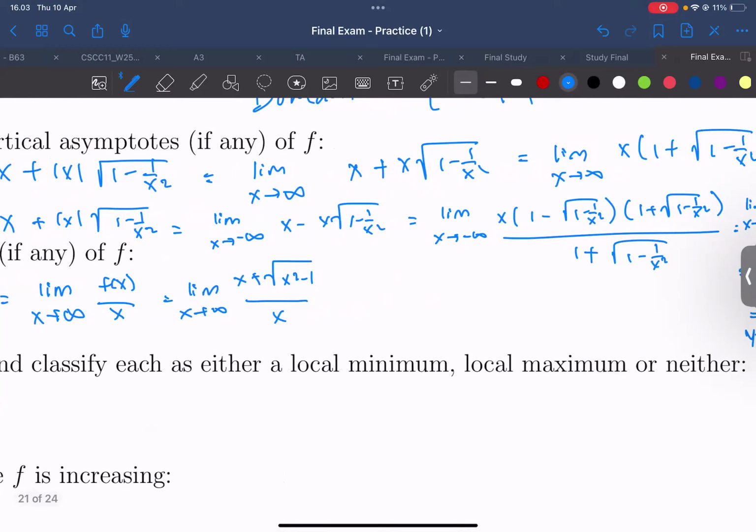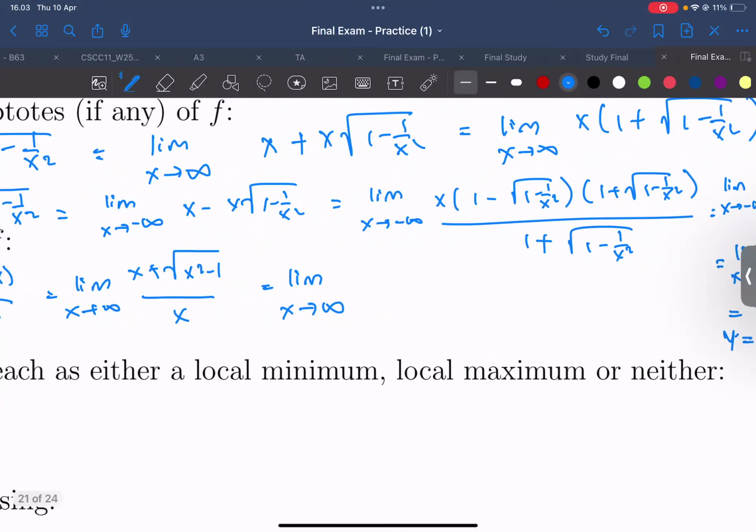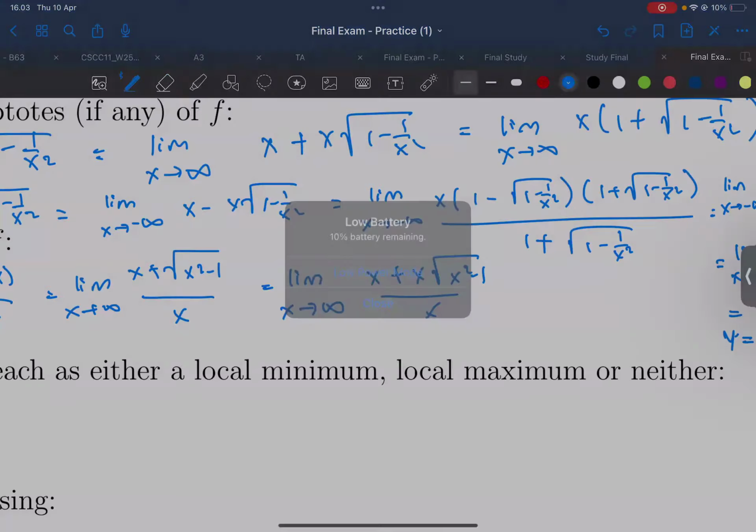And if you simplify this, it will be the limit of x approaching infinity of 1 plus, we know that we can factor out the x again, so the square root of, I'll just factor it, x times 1 plus the square root of 1 minus 1 over x squared, over x.